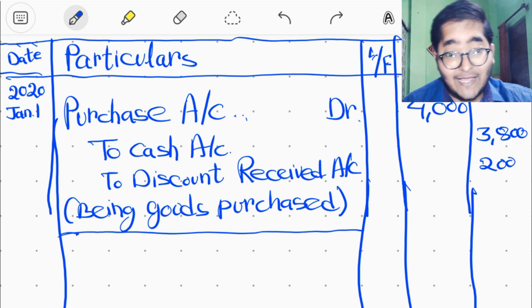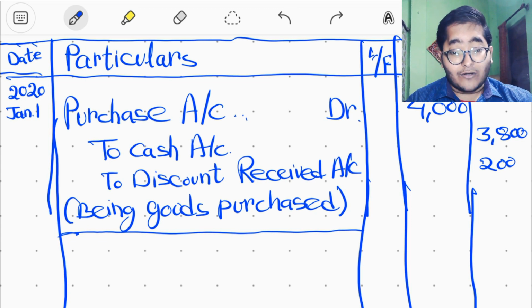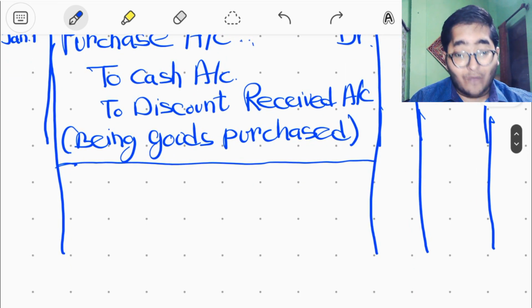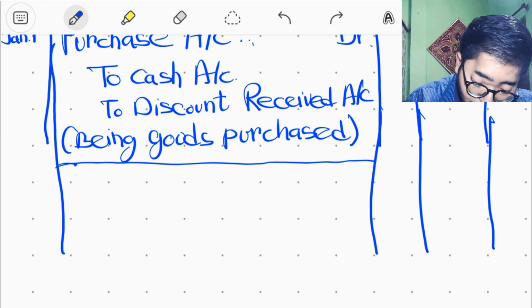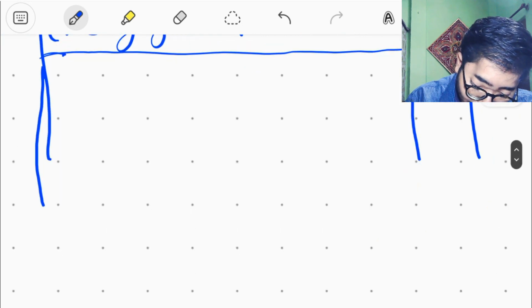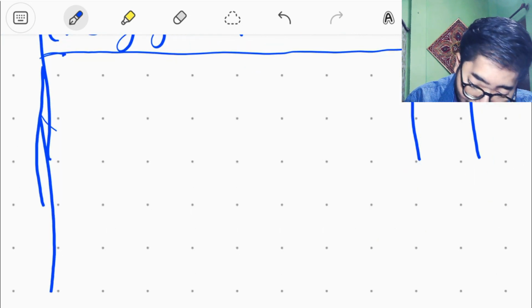Because in our CA exams, the time is short, and that is why we need to manage our time properly and save our time efficiently.